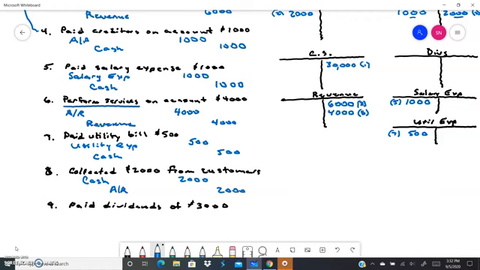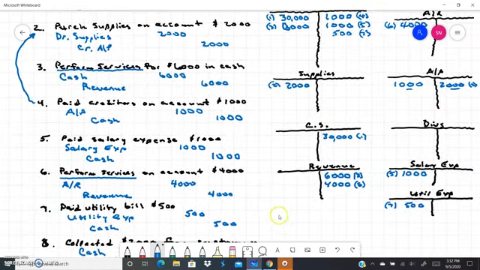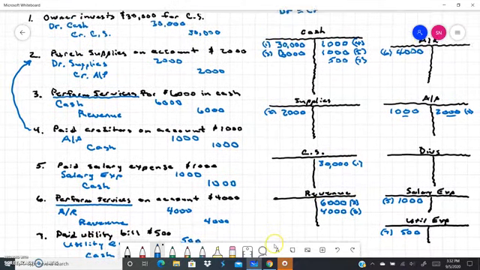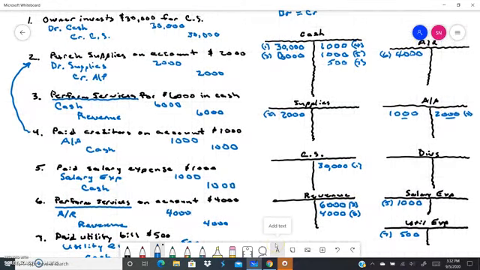And so let's see how that looks. I'll just slide this back down. So here what we've done is we've collected $2,000. So that's a debit to cash of $2,000, and that's item 8.